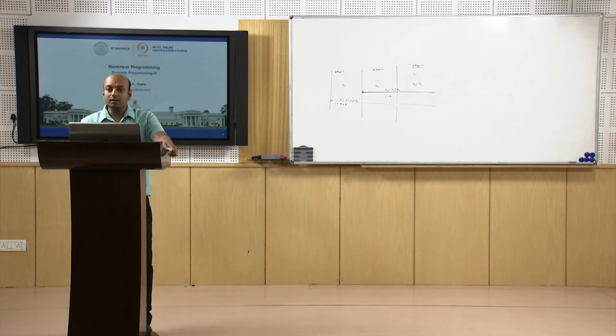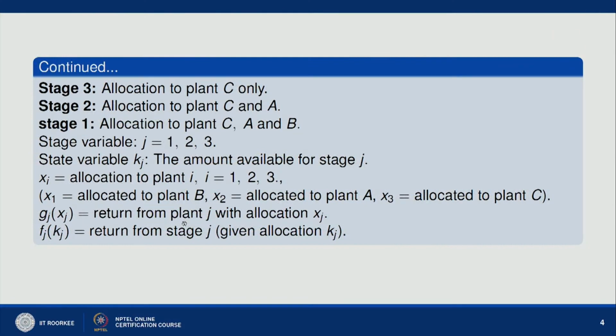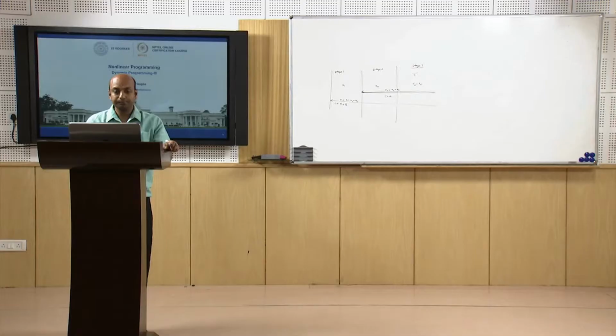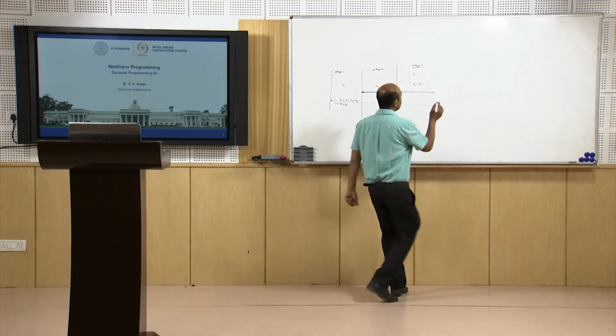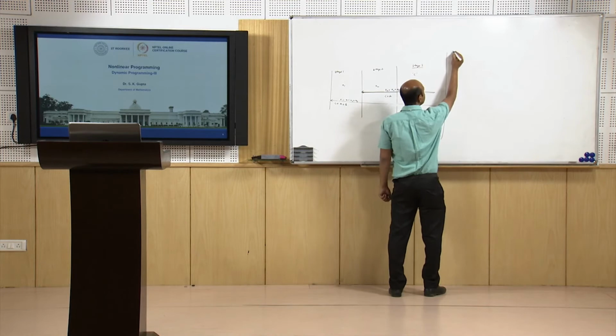Now we define Gj Xj as the return from plant J with allocation Xj, and Fj Kj is the return from stage J. So let us discuss this. First we divide this into stages, stage J, stage 3.